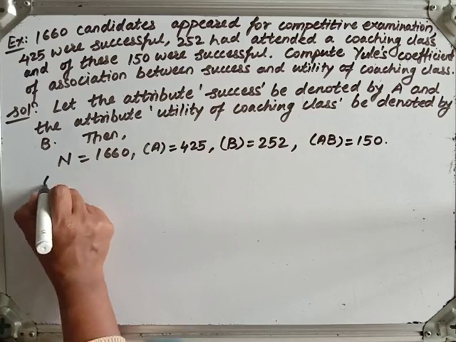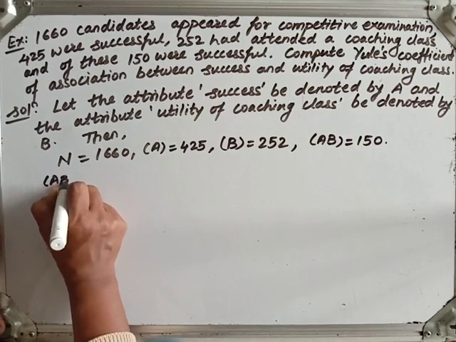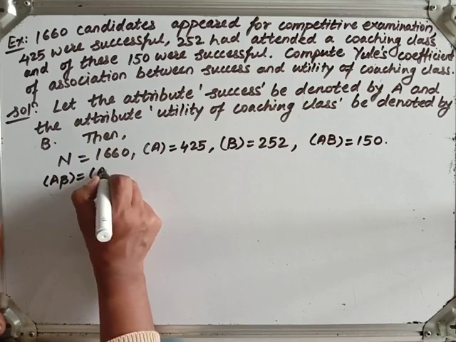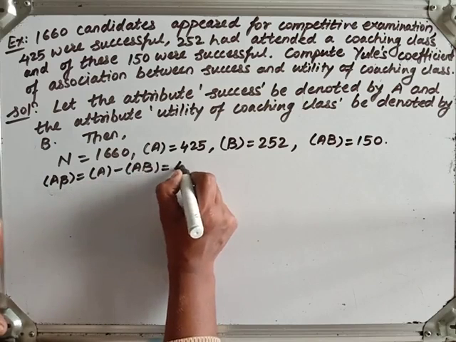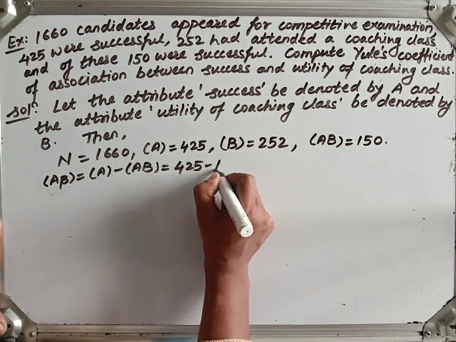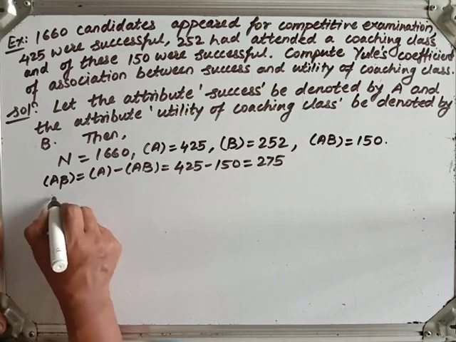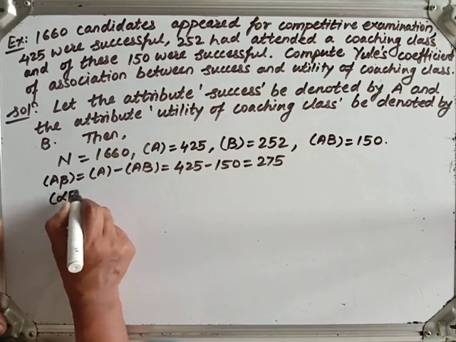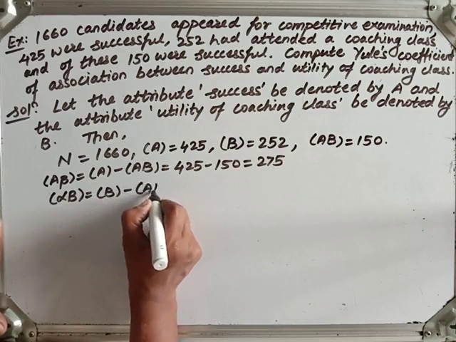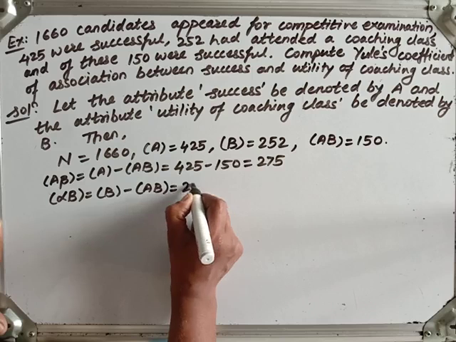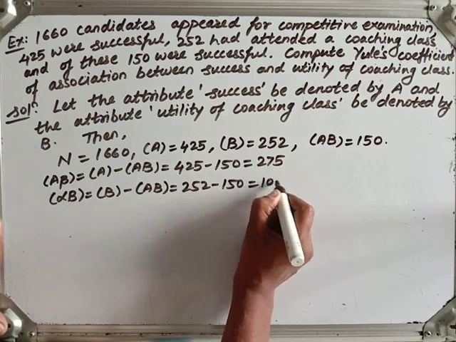So let's determine A beta first. Frequency of A beta is the frequency of A minus the frequency of AB. So it is 425 minus 150, equal to 275. The frequency of alpha B will be the frequency of B minus the frequency of AB, that is 252 minus 150, so it is 102.